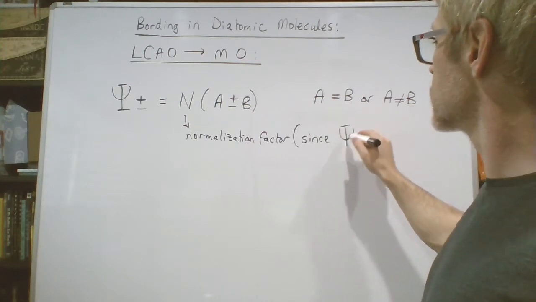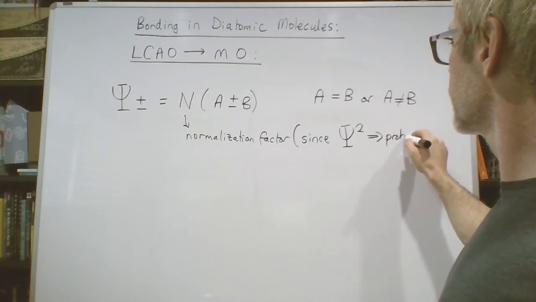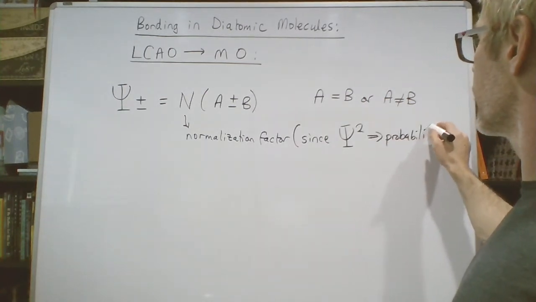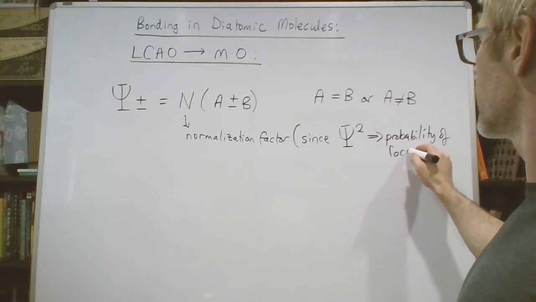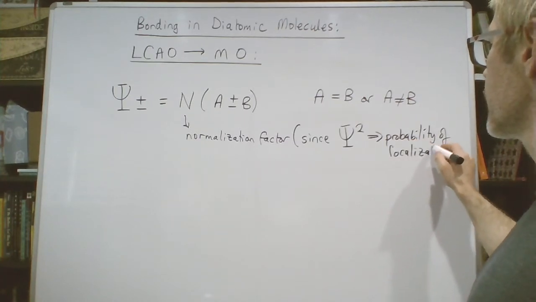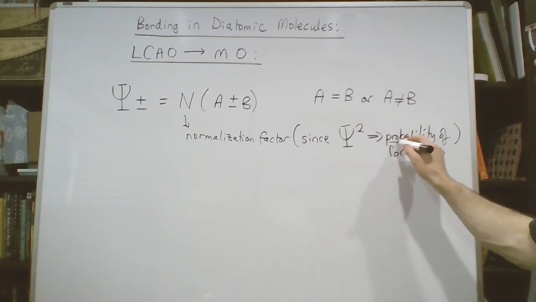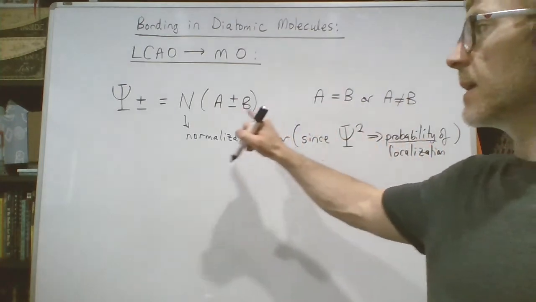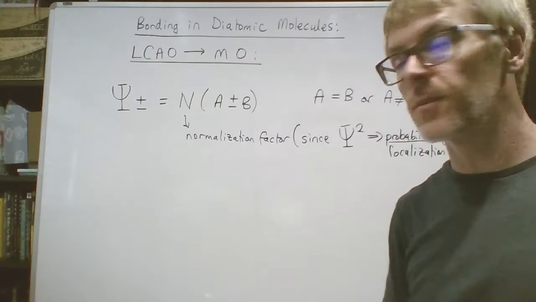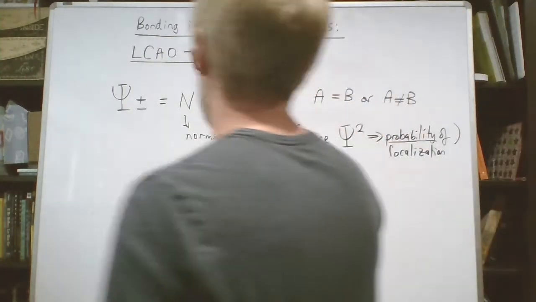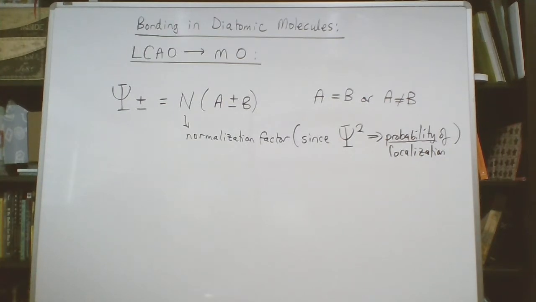So when we take the square of psi, it leads to a probability of location or localization. And because we have probability, the probability has to be normalized so that it can't be above 1 or 100%. So it's just something that we need to keep the numbers sensible, but we don't need to worry about its quantification.